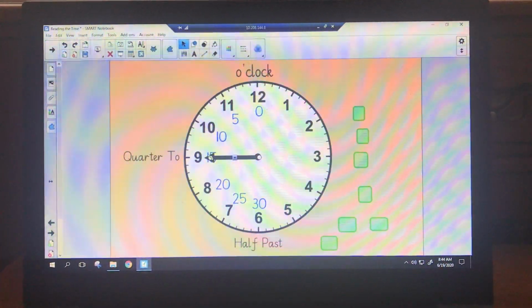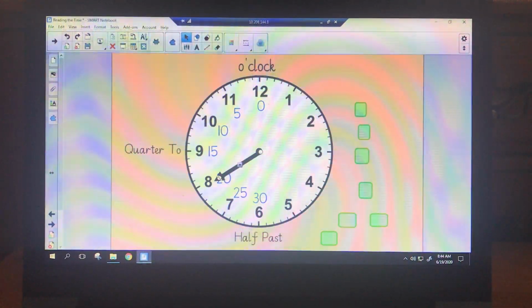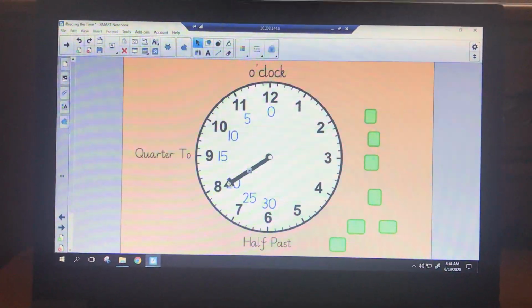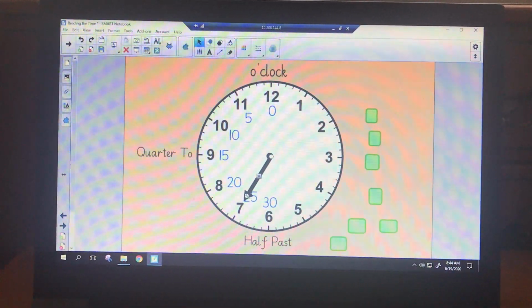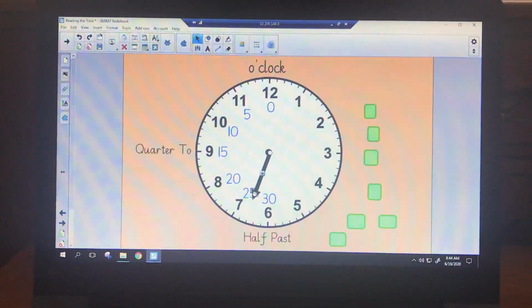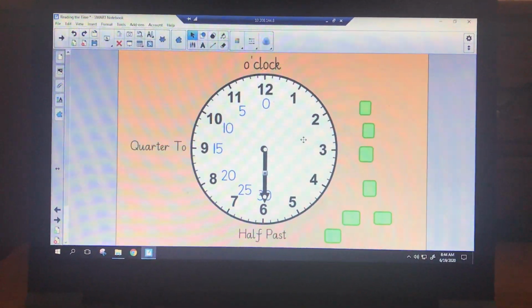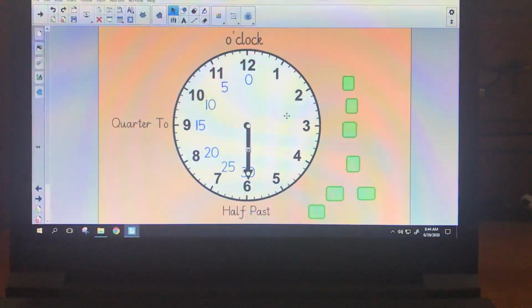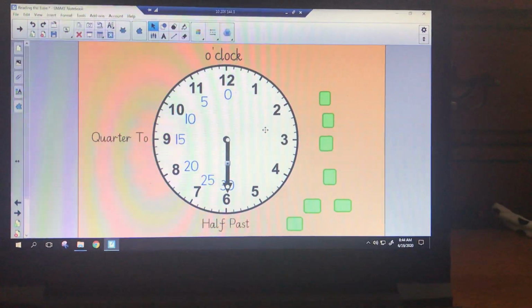Quarter to the next hour. 20 minutes to the next hour. 25 minutes to the next hour. And if it was pointing at the 6, we would still say it's half past the hour that we are currently in. Now that might be a lot of new information for you.